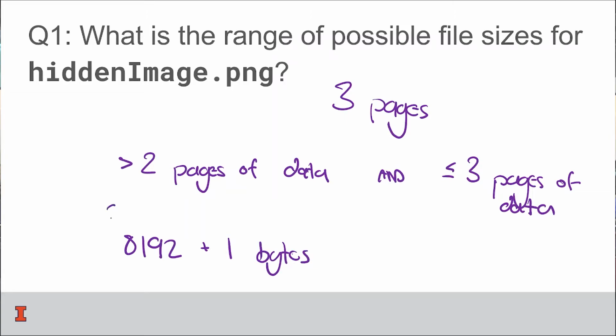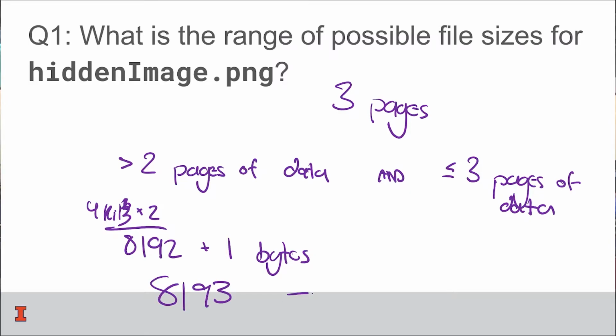So this is 2 to the 12th times 2. We know each page contains 2 to the 12th bytes of data, or maybe I'll even write it as 4 kilobytes. We know each page is 4 kilobytes. So we know it's at least 8192 plus 1 bytes, or 8193.